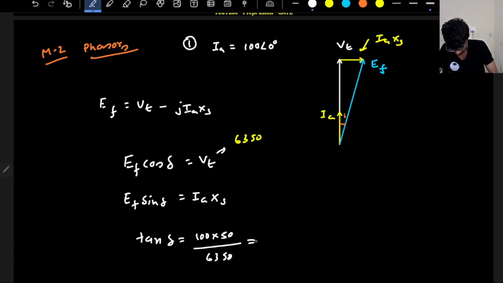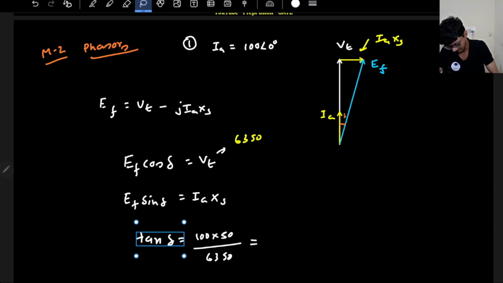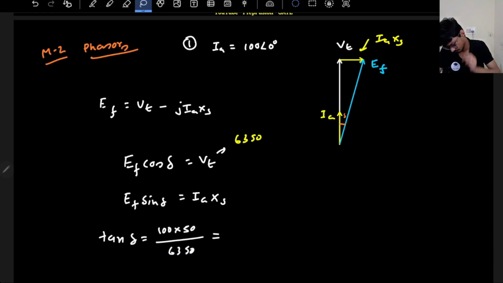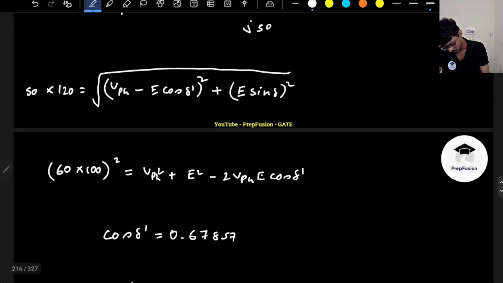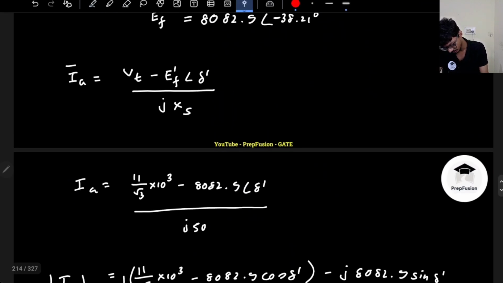So this will come out to be 5000 divided by 6350, tan inverse. Your delta comes out to be minus 38.217. Same thing we had derived over here as well.